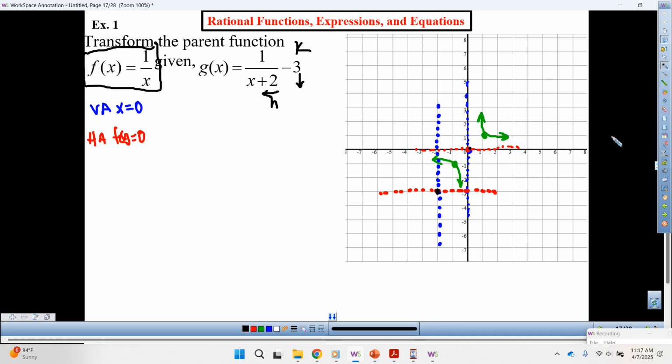Help them out, Rachel. Coordinate. -1 and -2. Okay, so that's on the right top. Yes. How about the other one? -3, -4. That is correct.